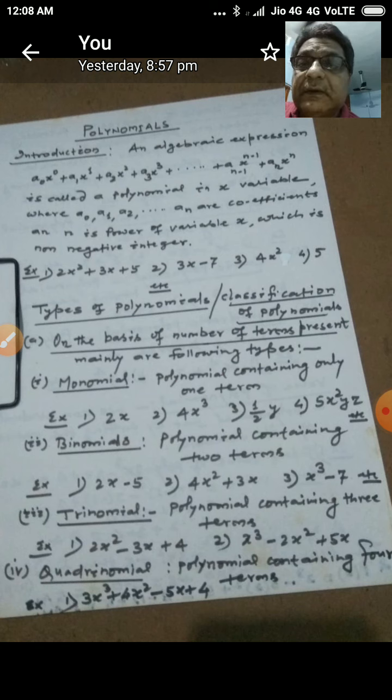So let us introduce an algebraic expression a0 x^0 plus a1 x^1 plus a2 x square plus a3 x cube plus ... plus a(n-1) x to the power n-1 plus an x to the power n is called a polynomial, where x is the variable and a0, a1, a2, a3, ..., a(n-1) and an are the coefficients, and n is the power of the variable x, which is a non-negative integer.